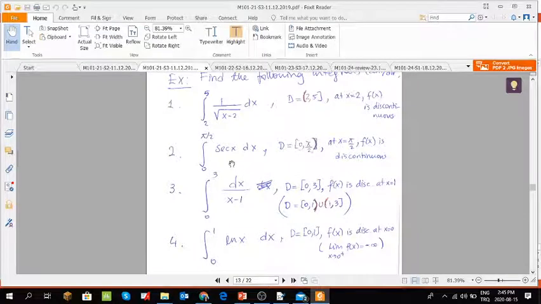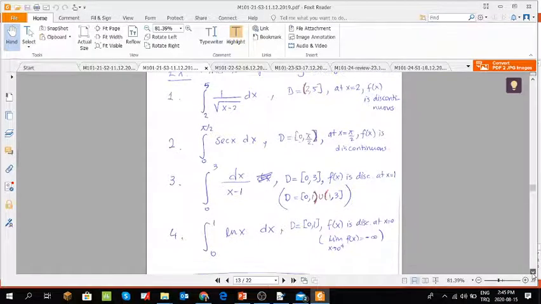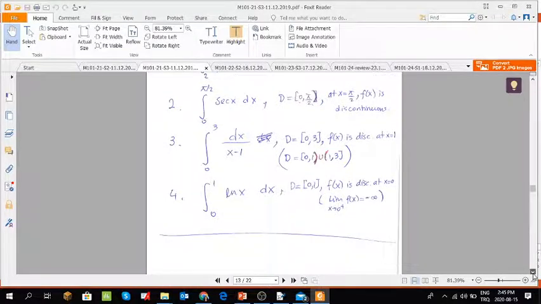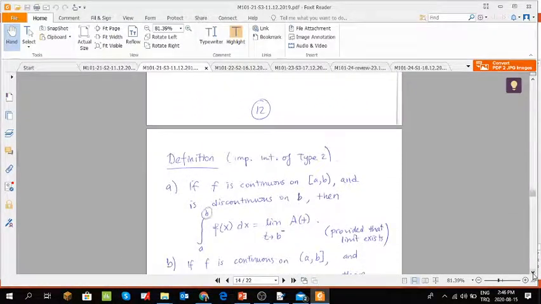Similarly, secant x, which is 1 over cosine, at pi over 2 is 0, so pi over 2 is a discontinuity point. And 1 here is a discontinuity point. So the domain is 0 to 1, 1 to 3, where 1 is not included. And natural log of x is not continuous at 0. So we have discontinuities here. Therefore, they are called improper integrals of type 2.